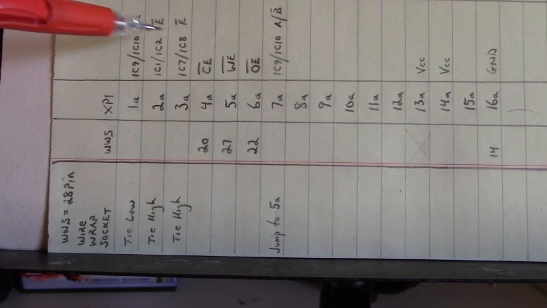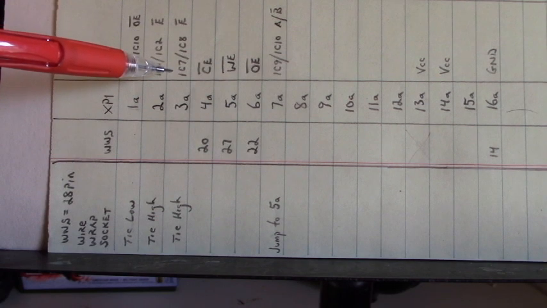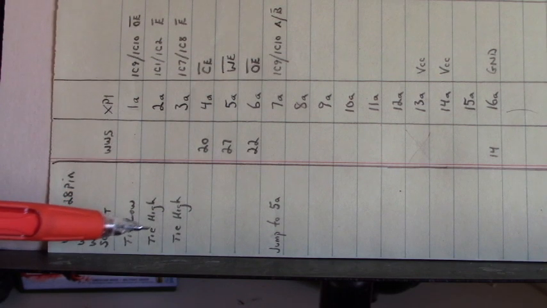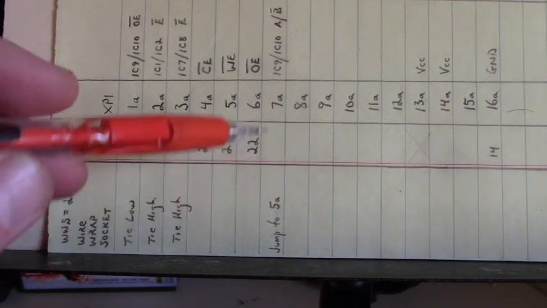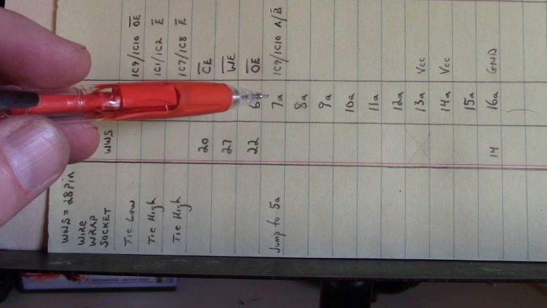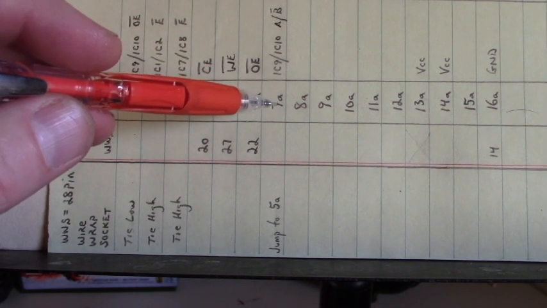I got a note down here that says tie that low. Then here's the 4 EPROMs, IC1, IC2, IC7, and IC8. I got a note down here that says tie them high. So tie this pin 1A to ground, 2A and 3A to plus 5 volts. Here's a note down here on 7A. That's your data direction of the 74 ACT 245 pin 7A.